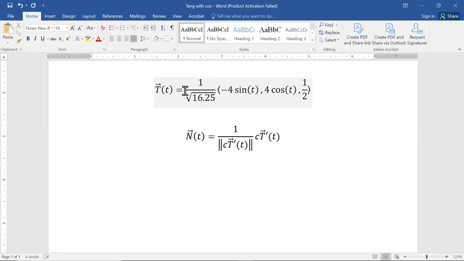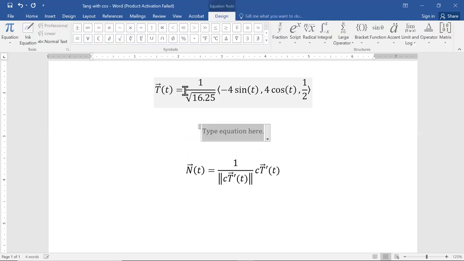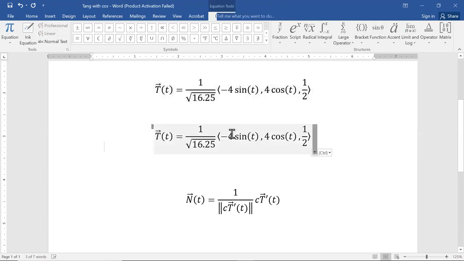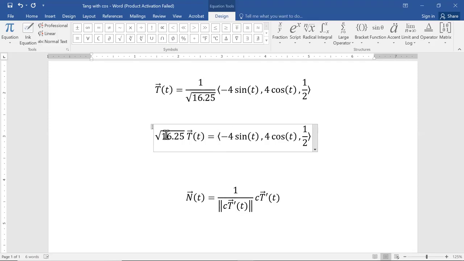So I say all that to say, instead of using the actual tangent vector, I'm going to multiply that tangent vector by the square root of 16.25, for the obvious reason that I want to get rid of this coefficient out front and make my life a little bit easier.